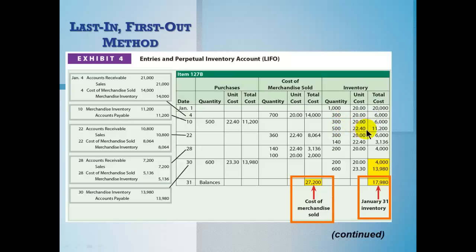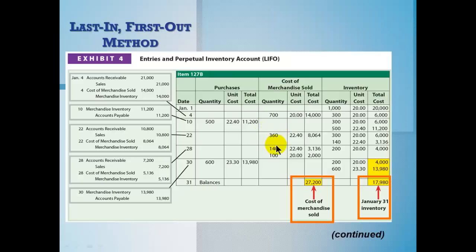Now here's where you need to pause and think about what happens and how this is different from FIFO. So what's the next event? I'm going to sell 360 units. The key question is, where did I get those units? Not so much physically where did they come from, but I'm going to make an assumption about my cost flow. Now this is last in, first out.